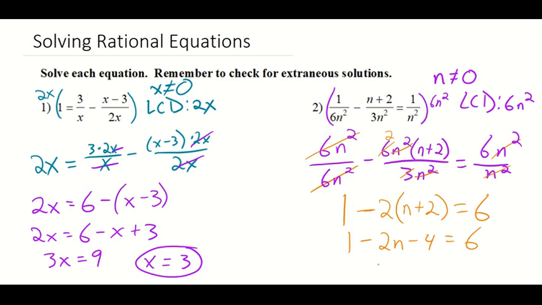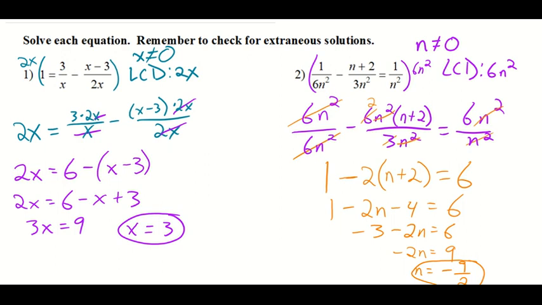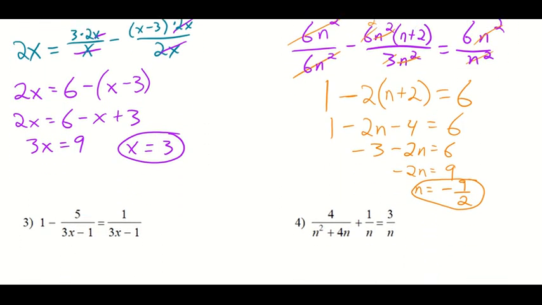Combine like terms. We'll add 3 to both sides. Divide by negative 2. So n is equal to negative 9 halves. Again, not 0, which is one of our restricted values.